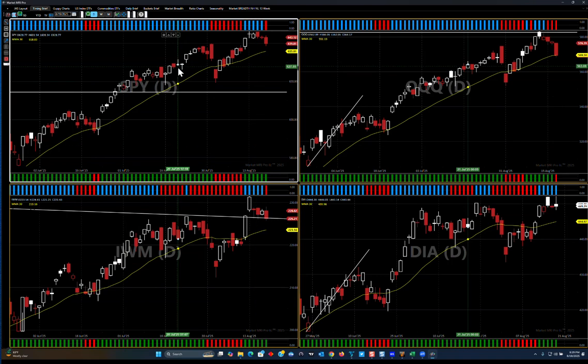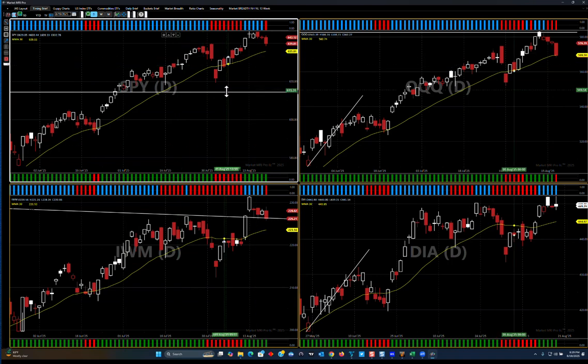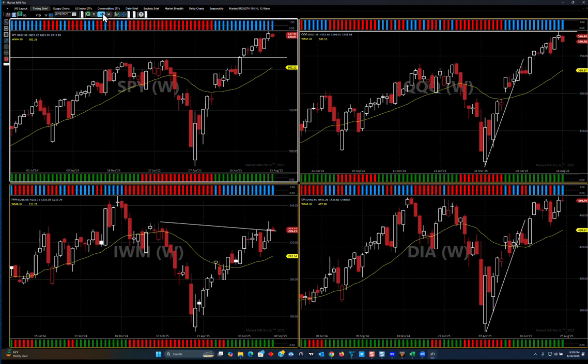Just remember, a weekly bar does not close until 4 o'clock on Friday. So if tomorrow the market sells off hard, or we buy the dip and it goes up a lot, but let's say the NASDAQ's down another 500 points tomorrow, it could turn during the day to a sell signal on the daily, but it's where it closes that matters.